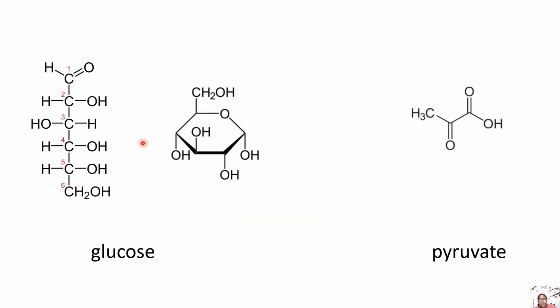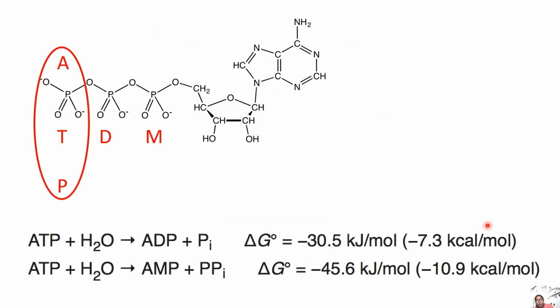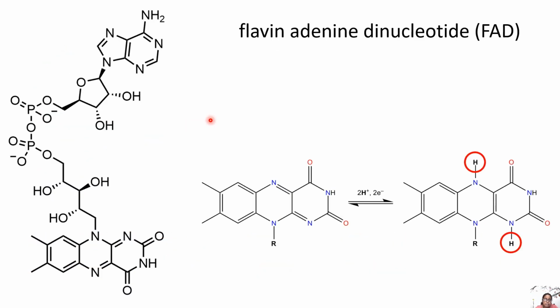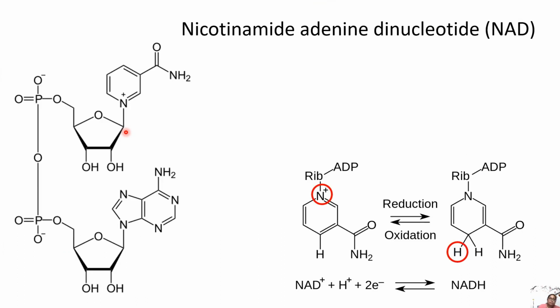This is the structure of glucose. This is the structure of pyruvate. This is adenosine triphosphate, ATP. This is flavin adenine dinucleotide, just to show you a schematic of all the structures. This is nicotinamide adenine dinucleotide, NAD.